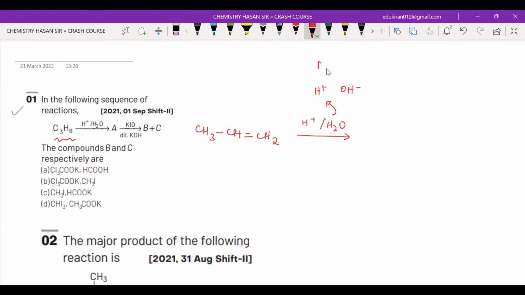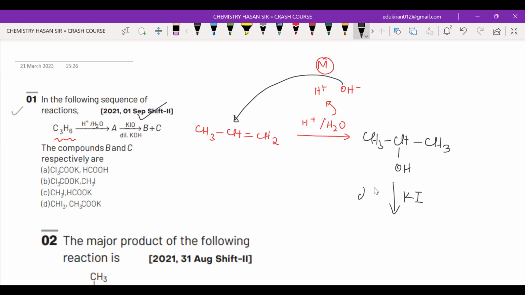So there will be Markovnikov addition, and in anti-Markovnikov addition, the negative part will go to that carbon where hydrogen is lesser, and the rest part will be as. And then you need to pass this through KIO, and there will be oxidizing agent KIO and dilute KOH. So this bond will be broken and it will be oxidized. Oxidized, that means this H will be removed.